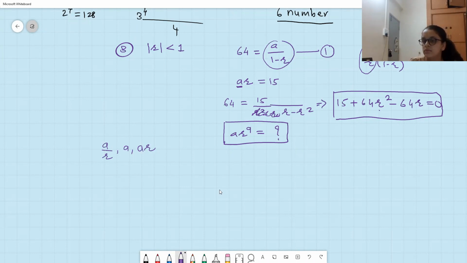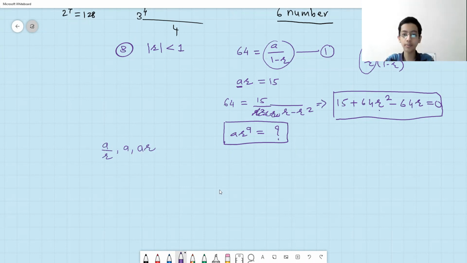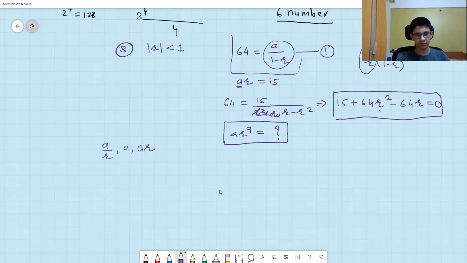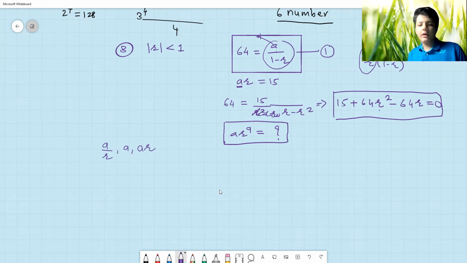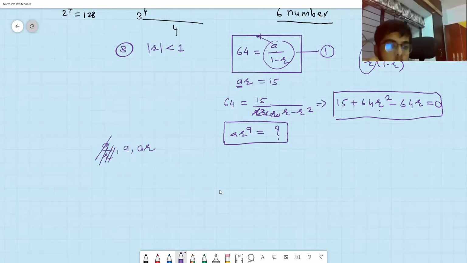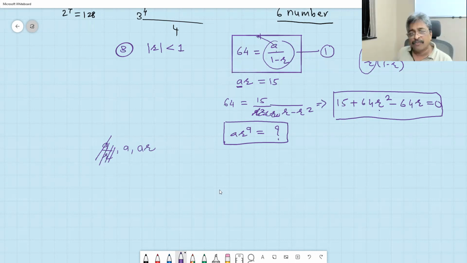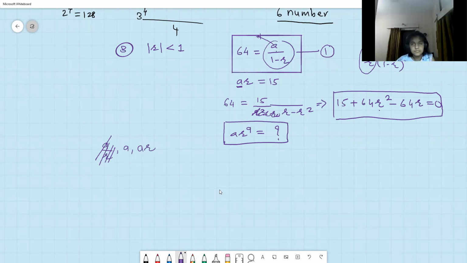If you are using this formula, then A is your first term. You cannot change A. A is your first term if you are using this formula. There are two values of R, so there will be two equations. So two values of R, therefore corresponding two values of A. And so there will be two GPs.